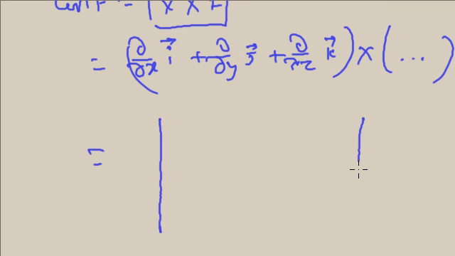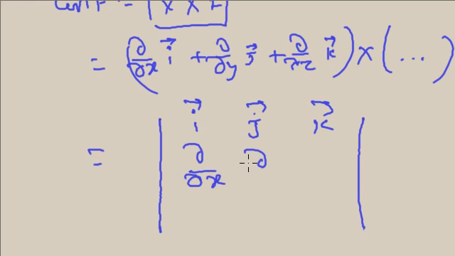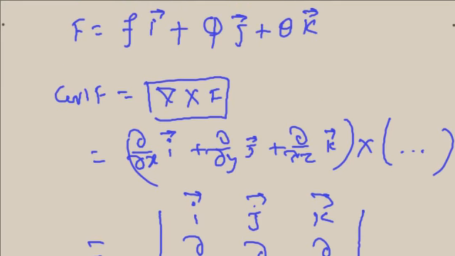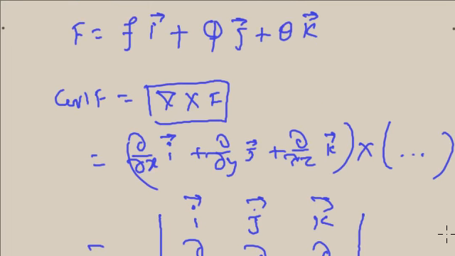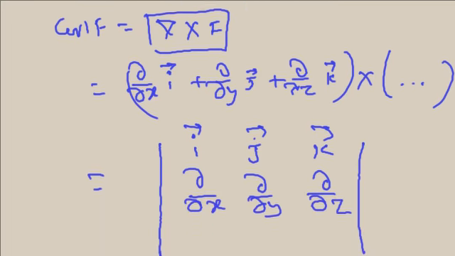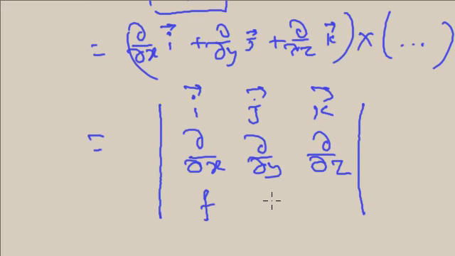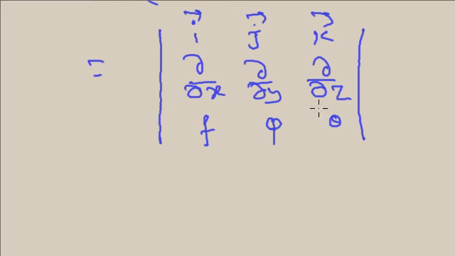So this is the determinant: you first put i, j, k, and then del by del x, del by del y, del by del z, and for f, put here f, phi, and theta, and expand it. You will get the curl of f.